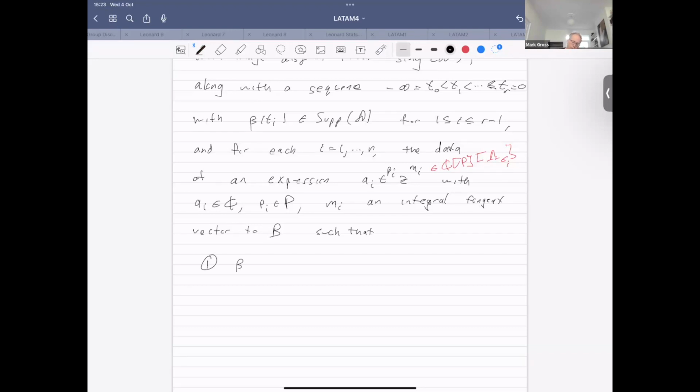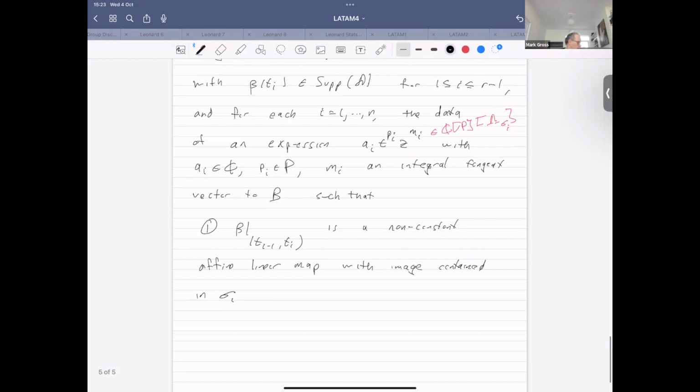First of all, β restricted to an interval [t_{i−1}, t_i] is a non-constant affine linear map with image contained in σ_i, the σ_i I've chosen over here. In other words, m_i is a tangent vector to σ_i.